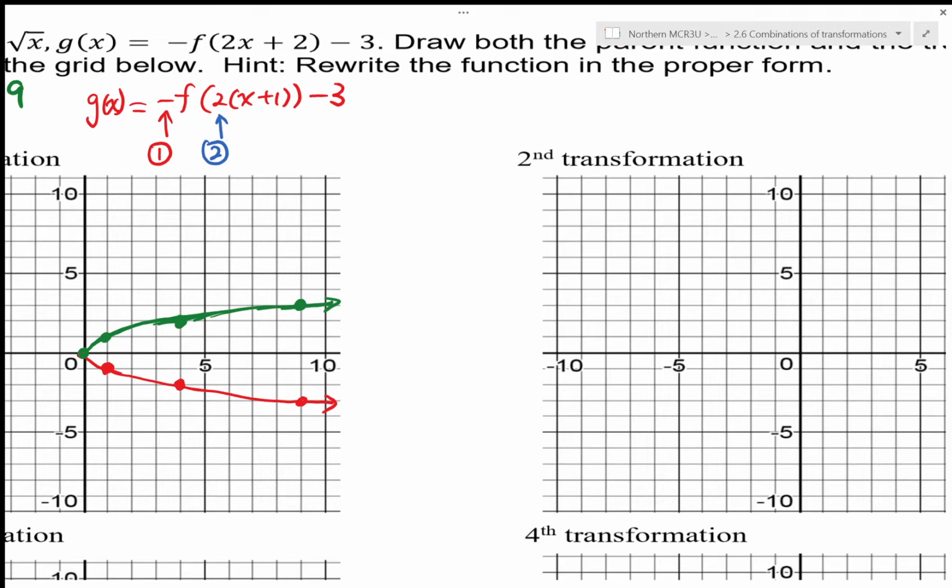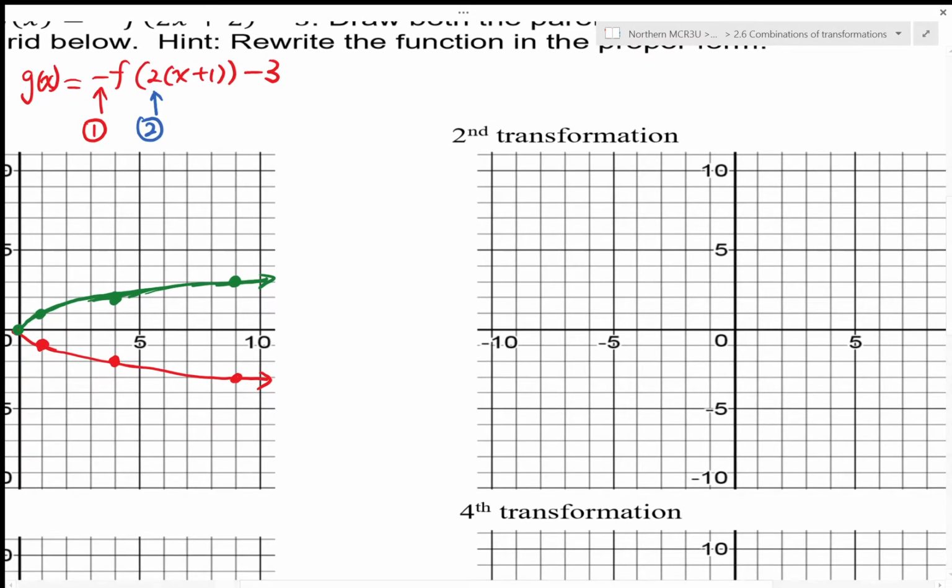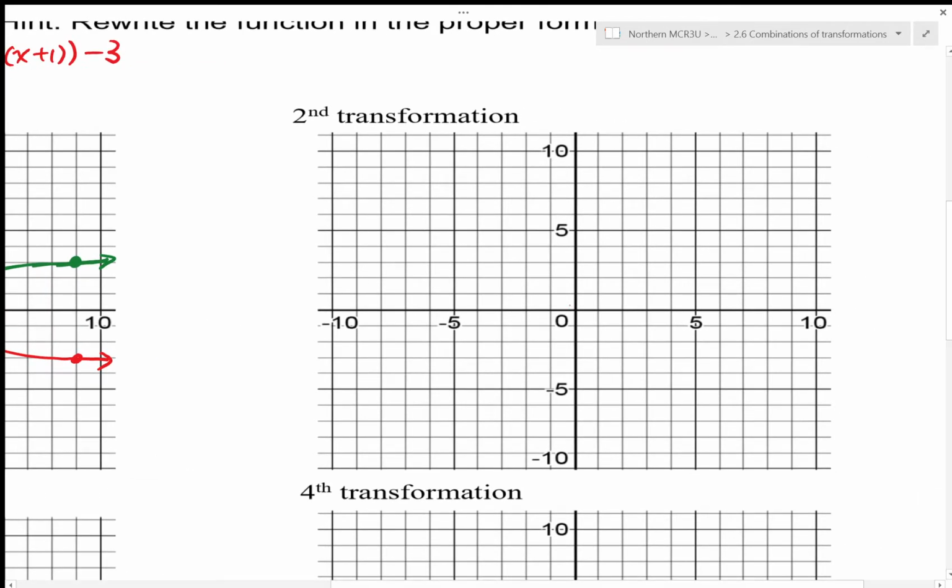In this case, it's inside of the brackets, so the x values are multiplied by half. I'm going to put the red graph just to compare from the previous one. So 0, 1, -1, then 4, -2, and then 9, -3. So that was our graph after the first transformation.